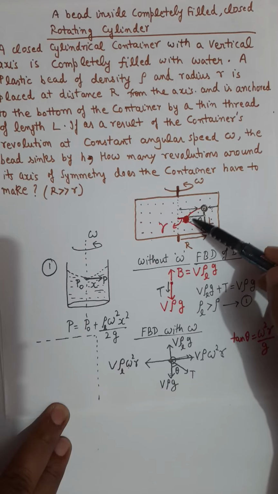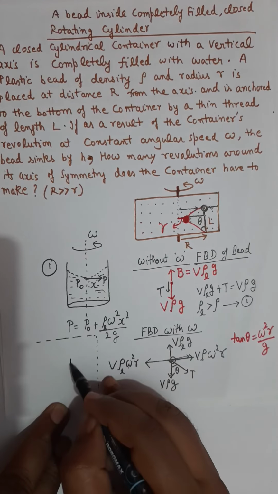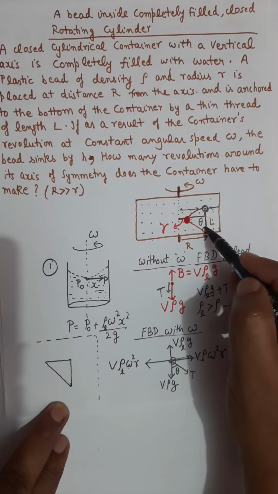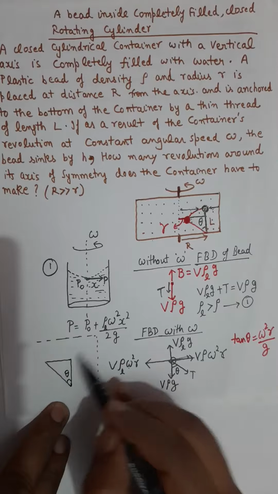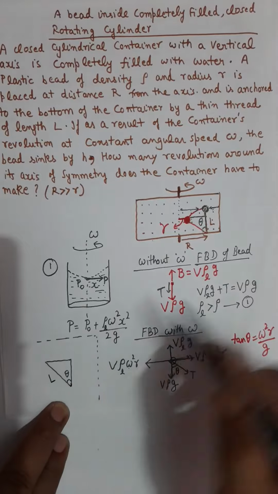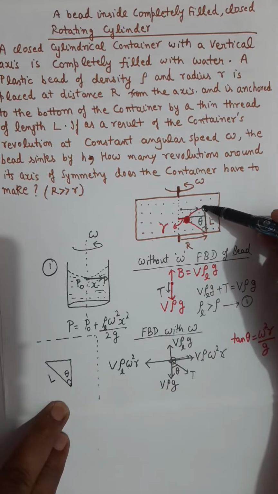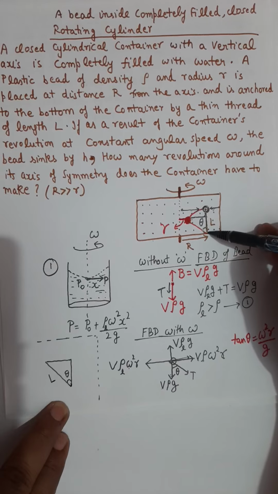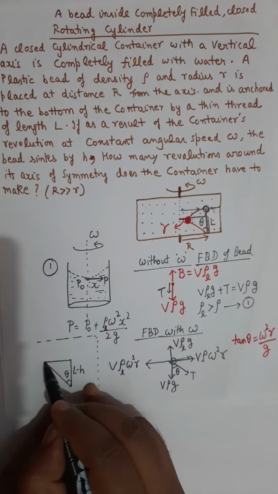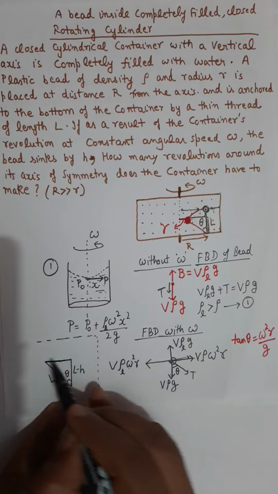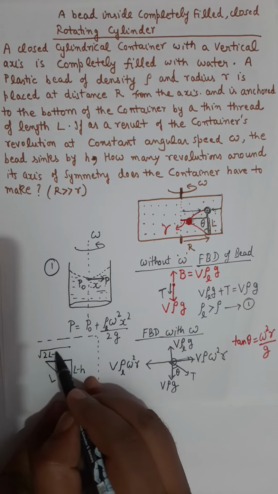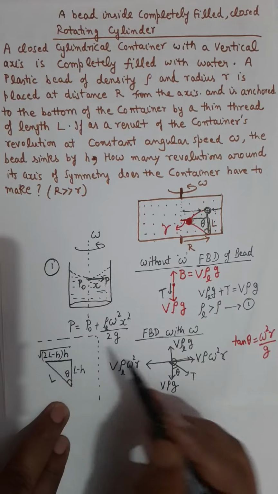And now focus on this small triangle. If I focus on this small triangle where this angle is theta, this portion belongs to string length L, and when the bead is now h distance below the starting point, this remaining distance of the triangle will be L minus h, and using Pythagoras theorem you can find this length, which will come as square root of 2L minus h times h.